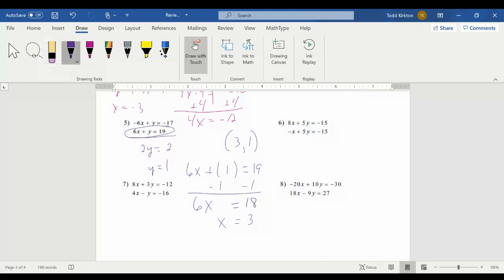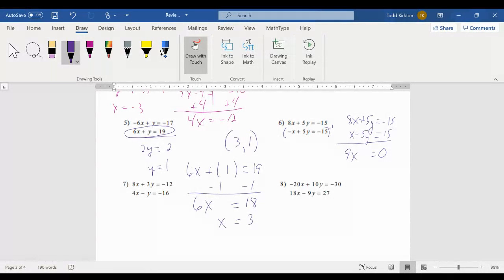Again, this one, the x and y are on the same side of the equation, so I'm going to try to do elimination. I can't add them to eliminate anything, so I'm going to multiply the second equation by -1. So rewrite the first. Multiply by -1 just changes the sign of everything. And I get 9x equals 0.